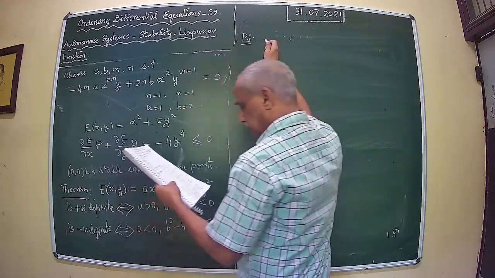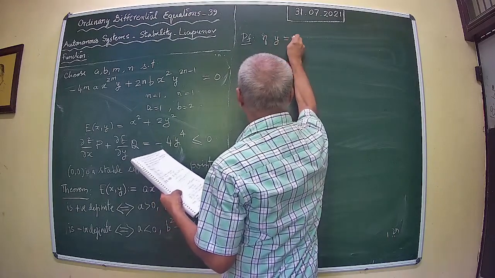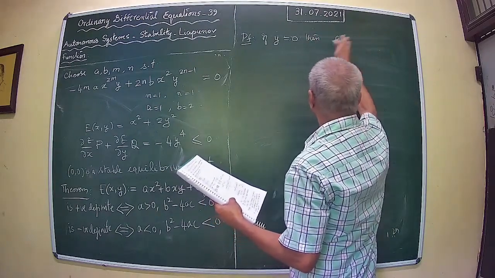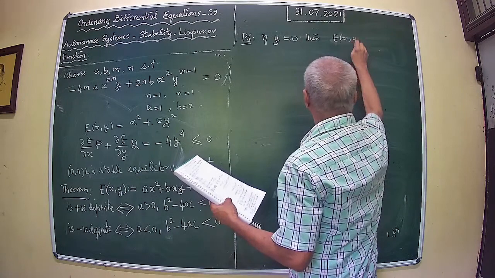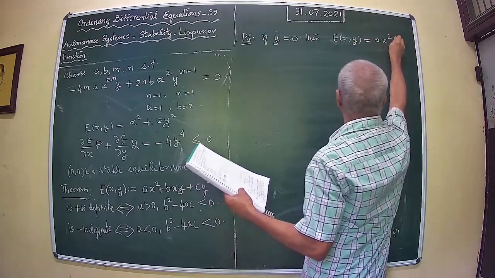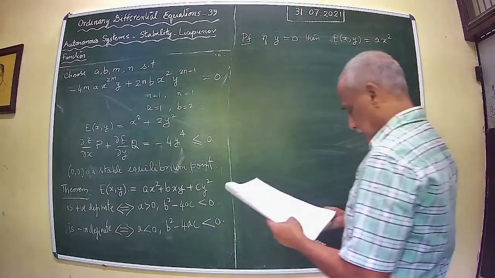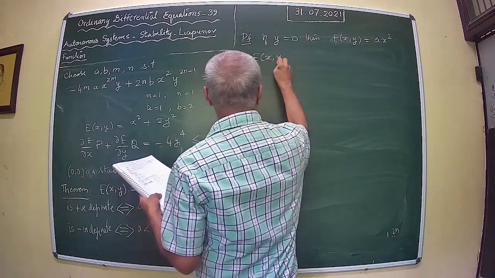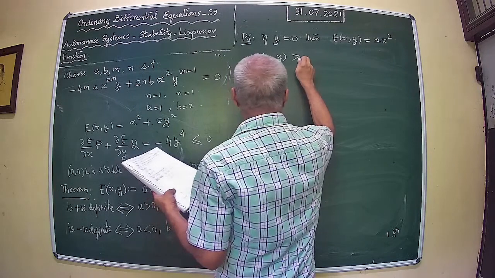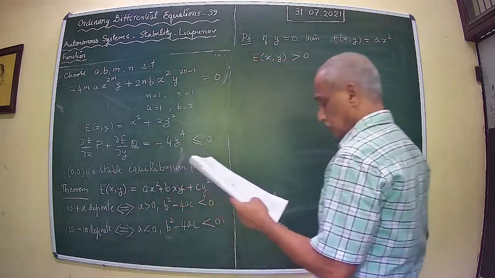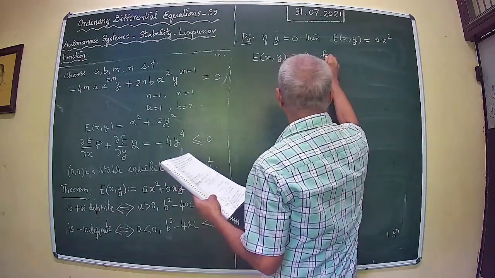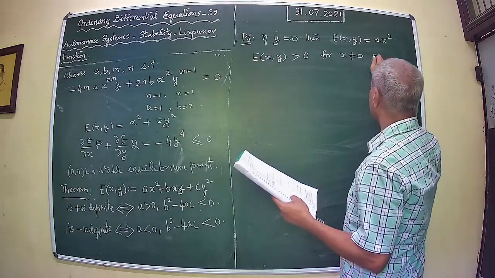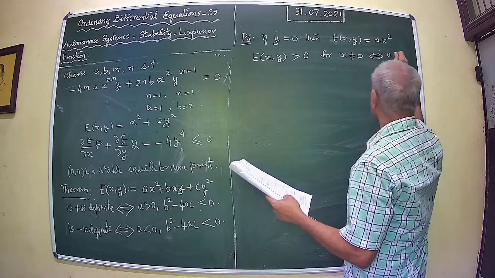It's very simple. If y is equal to 0, E(x, y) is a x squared, and E(x, y) is positive definite, not equal to 0, if and only if a is positive.